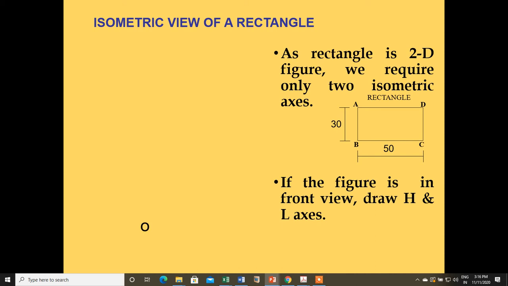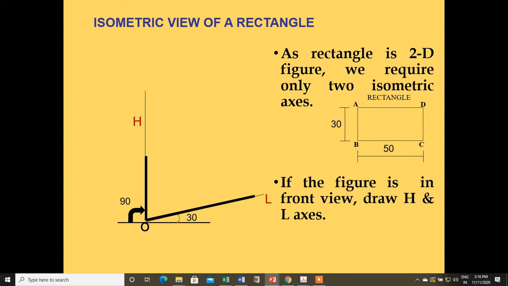We first mark the origin, then from here draw a length axis at an angle of 30 degrees, and at 90 degrees draw another axis, the height axis. Then along the length axis draw a line of length 50 mm, and along the height axis draw another line which measures 30 mm.